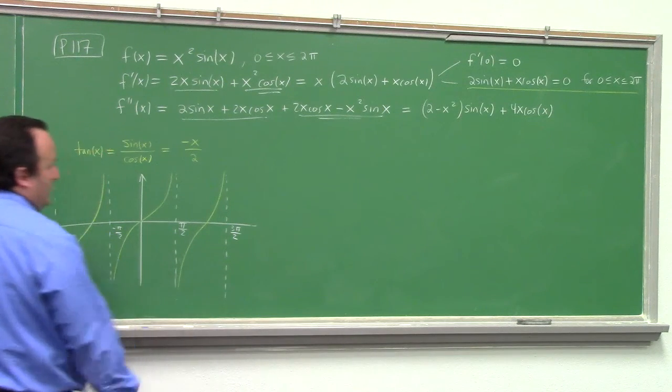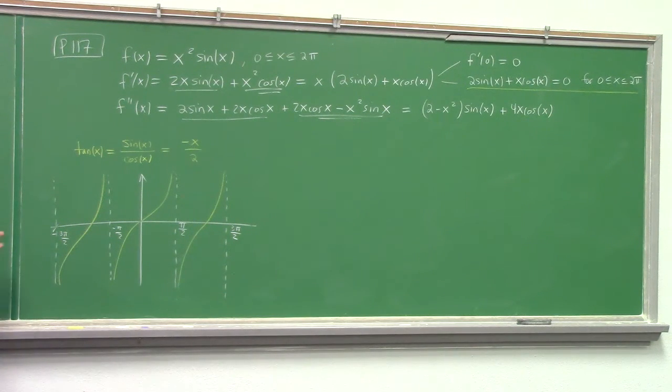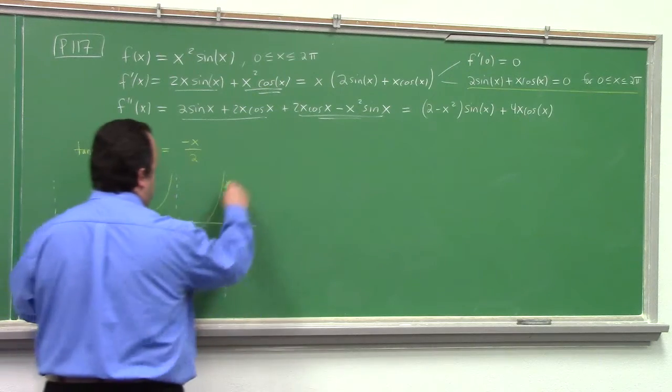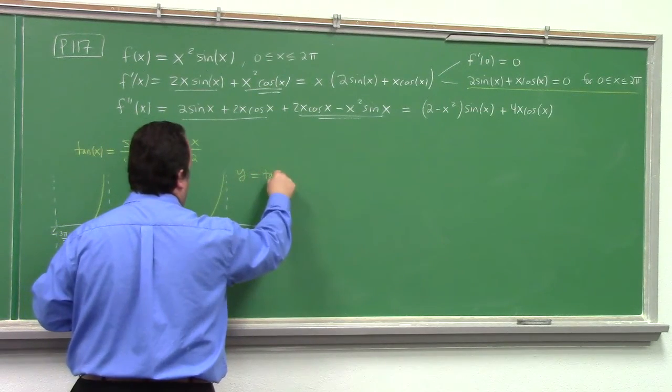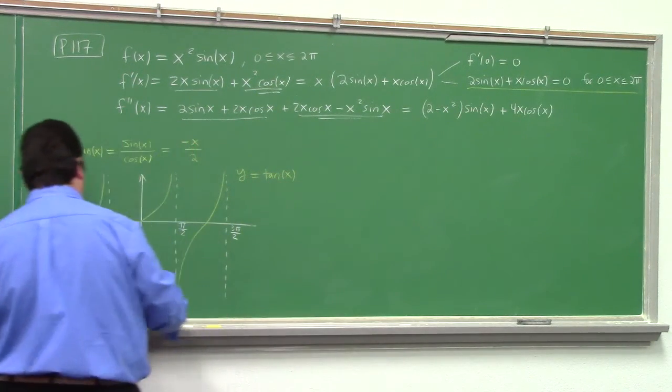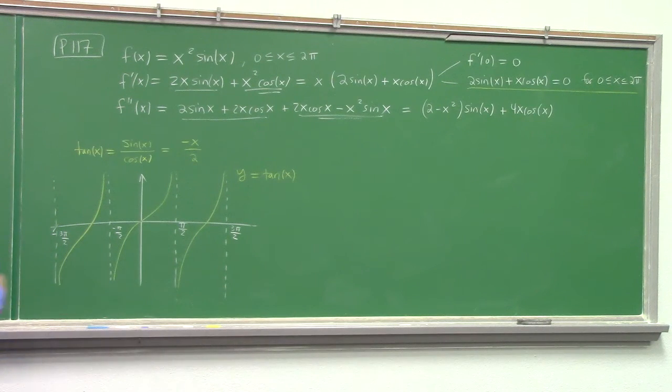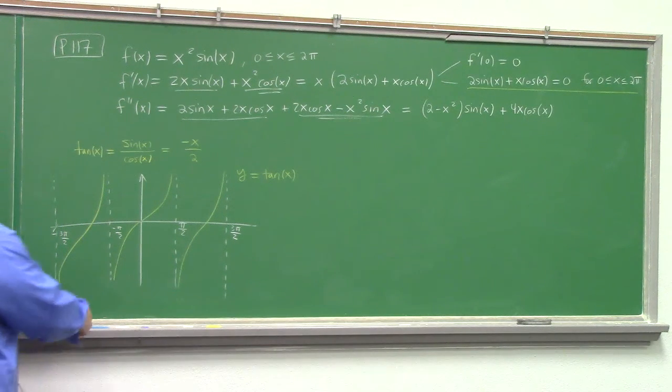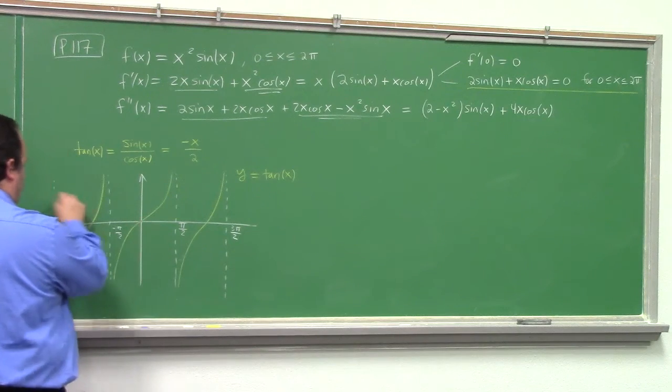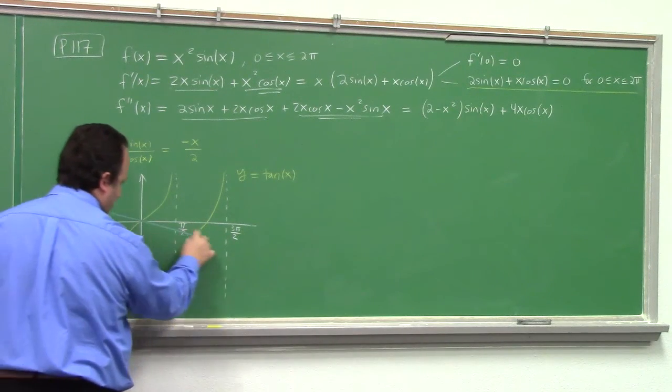Right? That's y equals tangent, right? And y equals minus x over 2 looks like that.